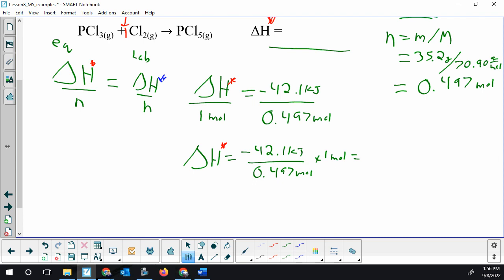I really just had to bring that 1 mole to the other side, which will cause the mole units to cancel. We're just going to get how many kilojoules are released in our equation.